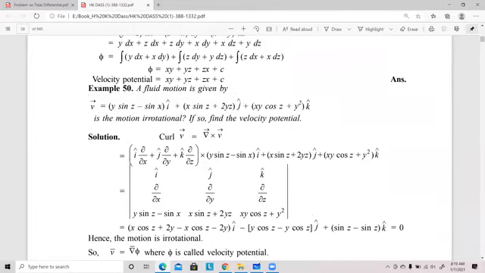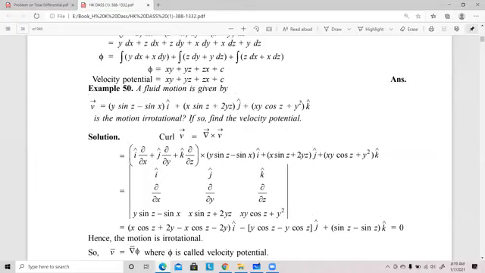So the difference from the previous problem is that here the vector is given in terms of the trigonometric functions sine and cosine. So at first we have to show whether this motion is rotational or irrotational.